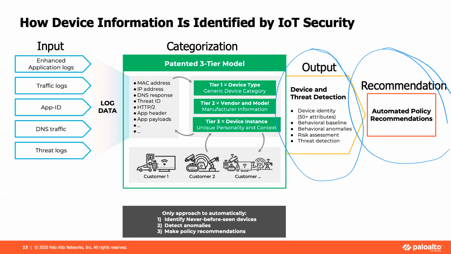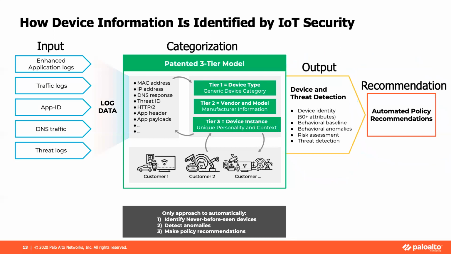Once we catalog these, understand what devices they are, how many there are, where they're deployed, and what security zones they're in, we have the ability to give these automated policy recommendations. And we can do this with never before seen devices. As new devices are added, this whole process just continues along.